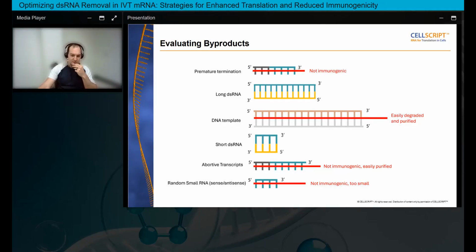That kind of just leaves us with the double-stranded RNA, whether it's short or long. And it has the disadvantage of both being problematic from an immunogenic standpoint, which we will talk about, as well as being very persistent. It's hard to get rid of using just classic precipitation or any sort of garden variety lab purification techniques.